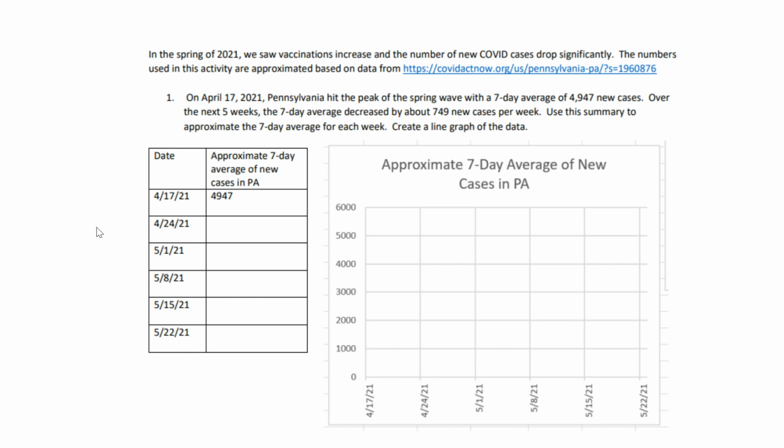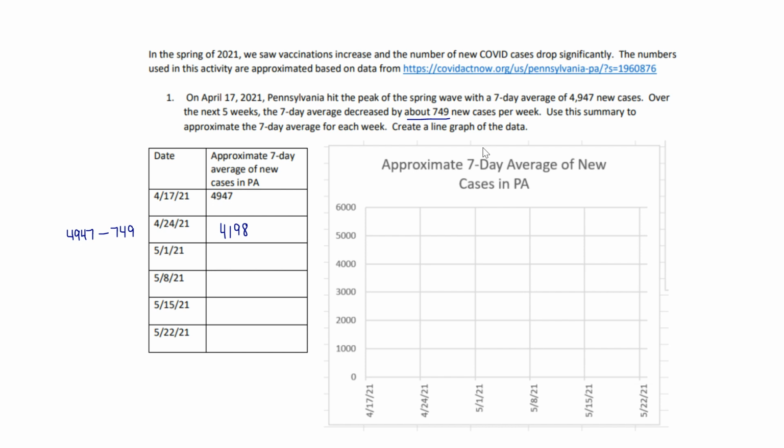So to complete this table of data, I'm going to take the 4947 and subtract the 749. Thanks to my calculator, I get 4198 as the number of new cases a week later.